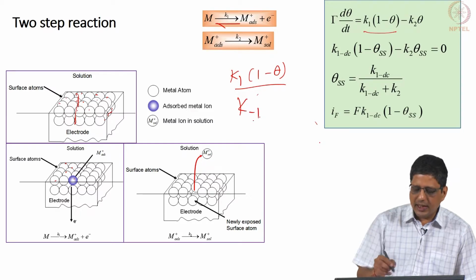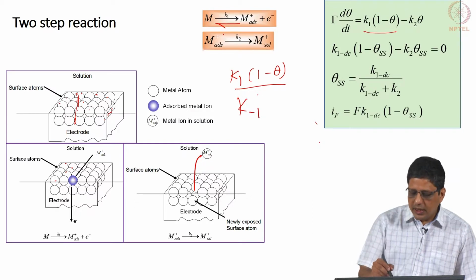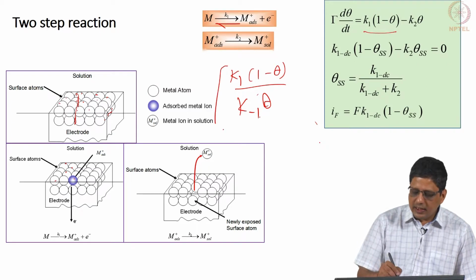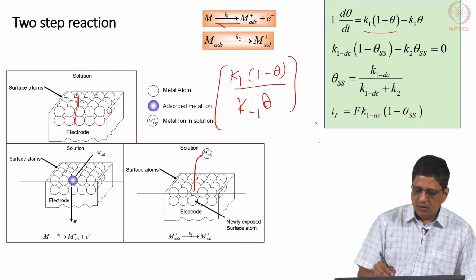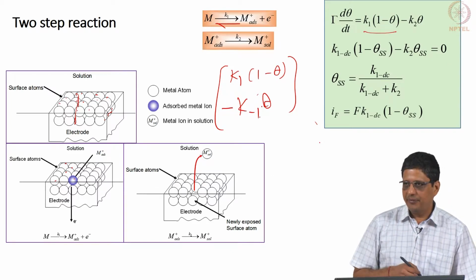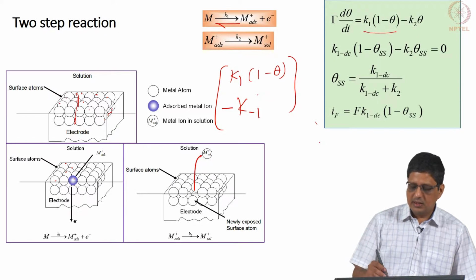The reverse reaction I might write as K minus 1 into theta, that tells the number of electrons consumed. So, the net number of electrons produced is given by K1 (1 minus theta) minus K minus 1 into theta. So, that is what I am writing. When you calculate the current, you need to write moles of electrons instead of moles of surface atoms. Yes, that is what I am saying.